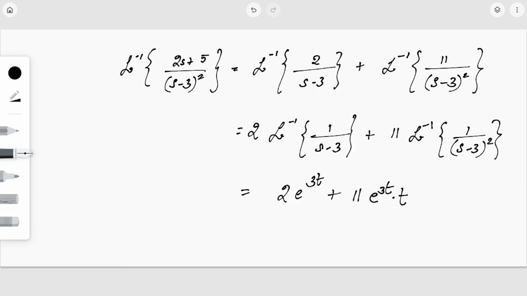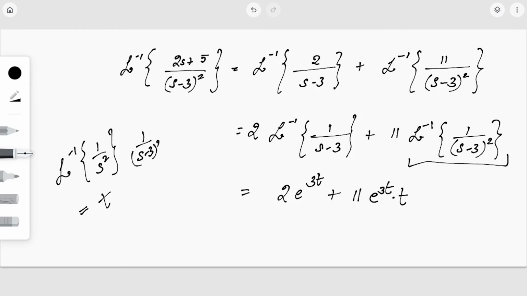I hope you are getting the concept. Okay, the inverse Laplace of 1 by s minus 3 whole square. We know the inverse of 1 by s square is nothing but t. So when we have 1 by s minus 3 square, applying the inverse form of the first translation theorem, the inverse Laplace will be nothing but t into e raised to 3t.